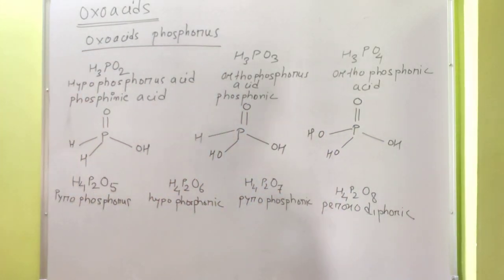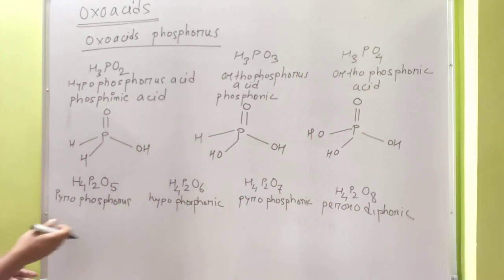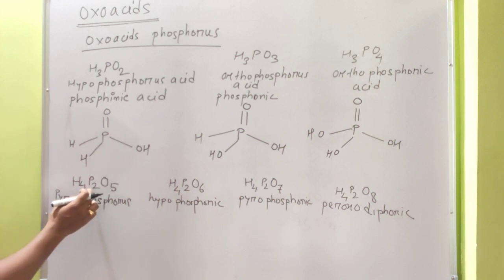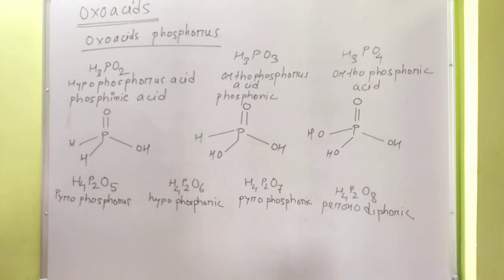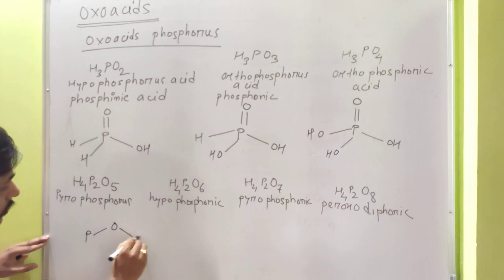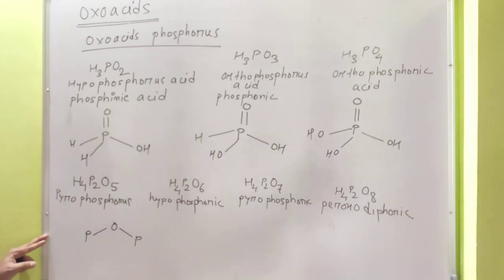Next, in this case 2 phosphorus are present. If 2 phosphorus are present, then you have to look at the oxygen. If the number of oxygens is odd, then there is a P-O-P bond. If the number of oxygens is even, then there is a P-P bond.